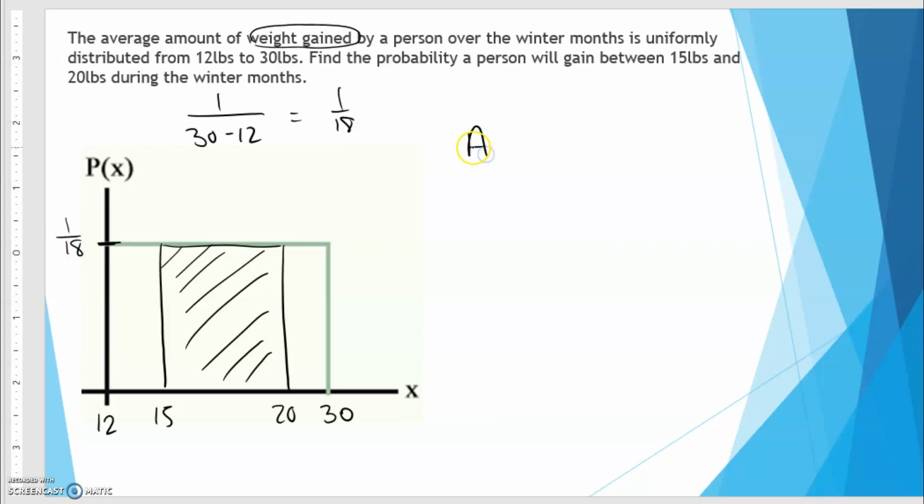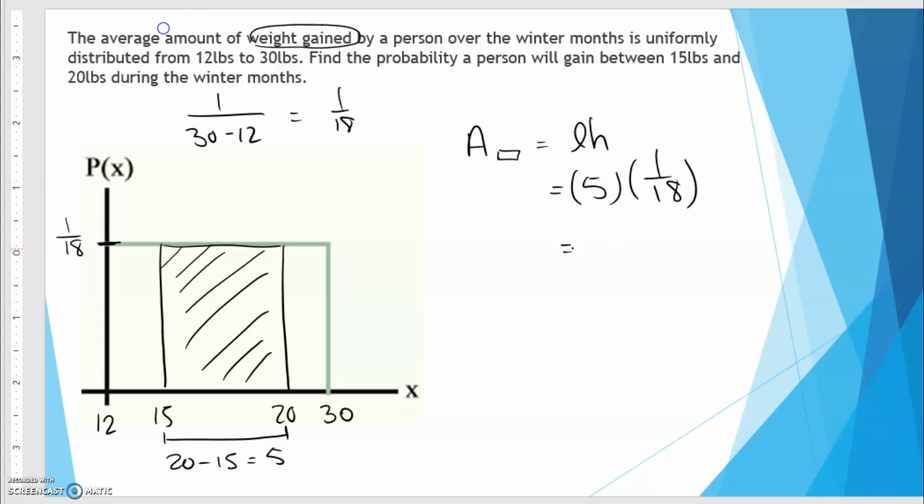All right, so the probability or the area is length times height. I need the distance between these two. That's 20 minus 15, or 5. So that's going to be 5 times 1 over 18, which will give me 5 over 18, which is the same thing as 0.28.